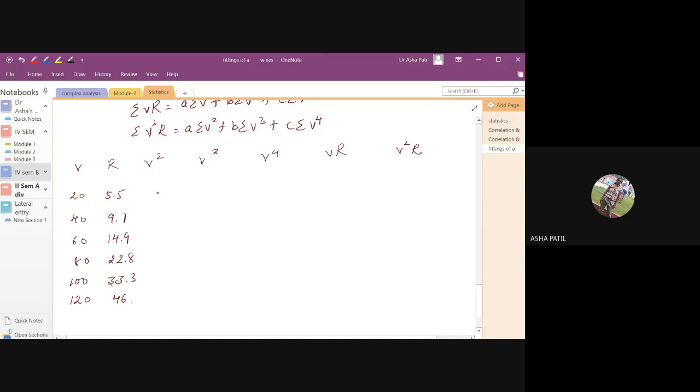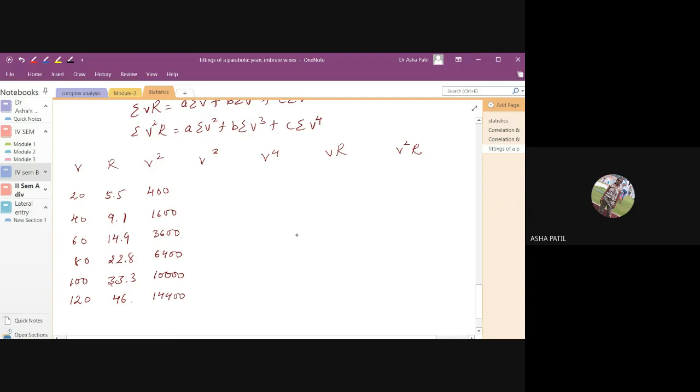Now we want V square: 20 square, 40 square, 60 square, 80 square, 100 square, 120 square. Now V cube.